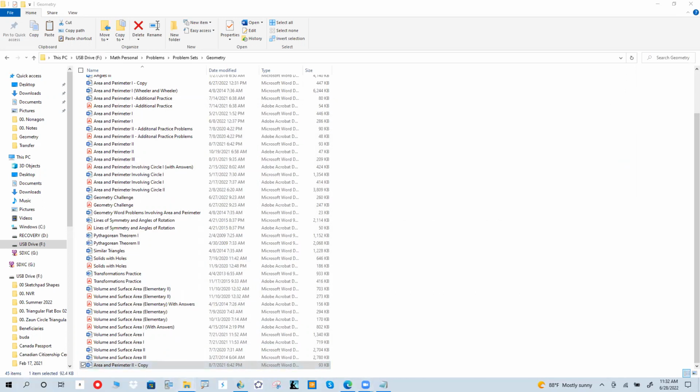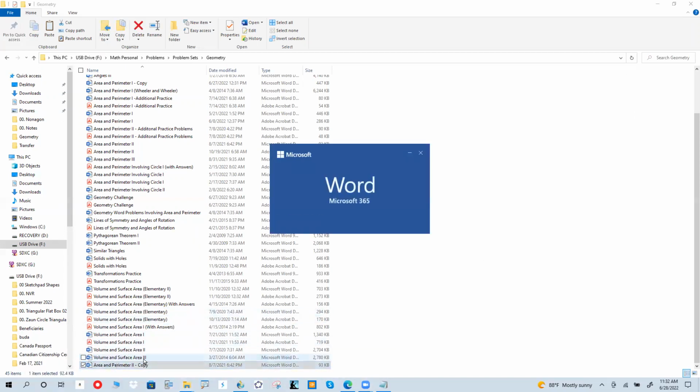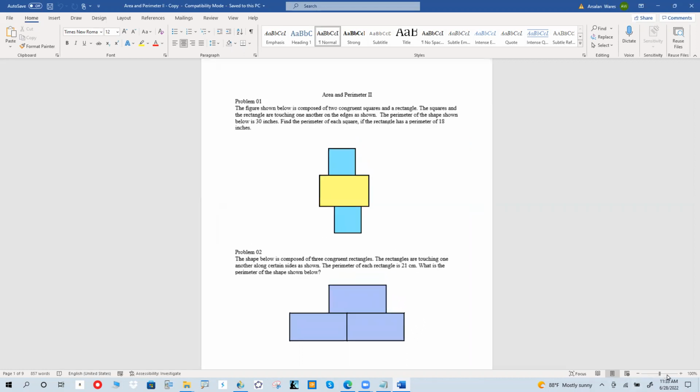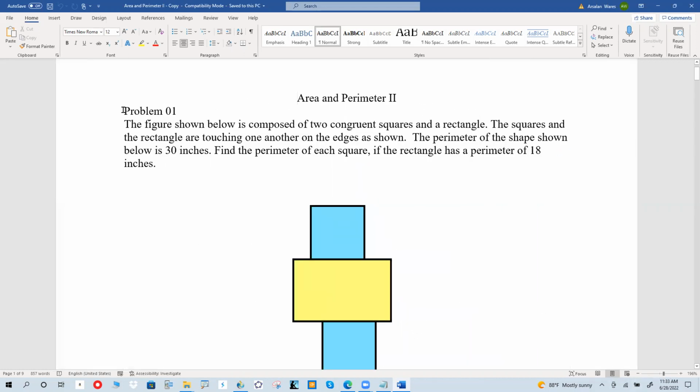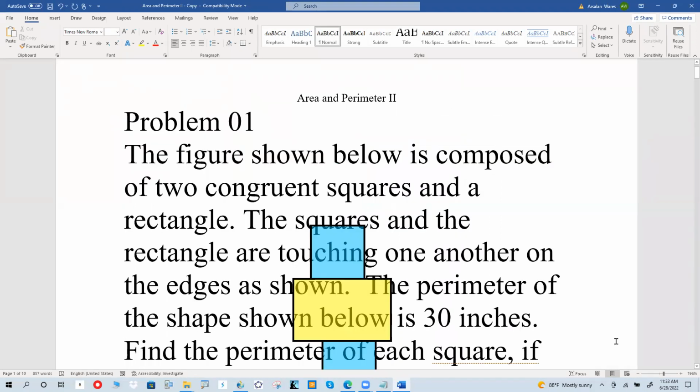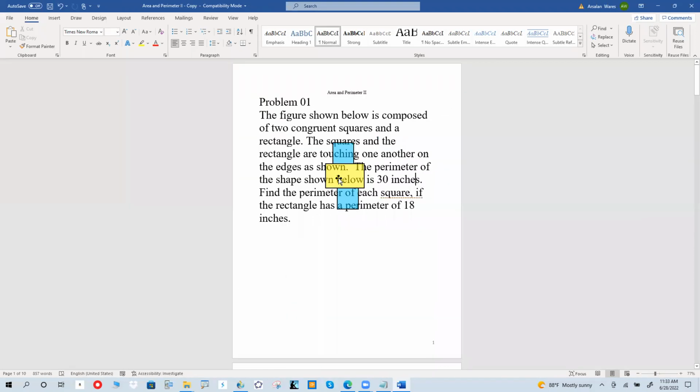Once again, this is area perimeter 2, available in the folder problem sets. Answers are at the bottom, and I'm going to work on this one. The first few are not that difficult. It almost feels like you're doing something from the previous section.